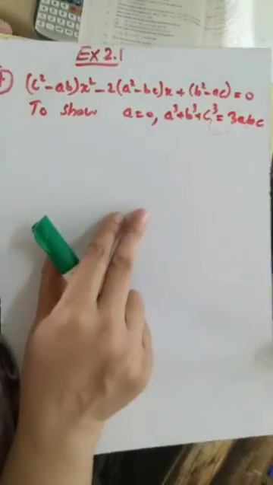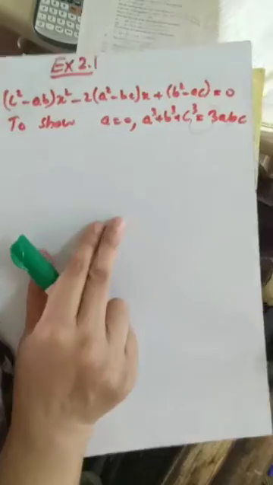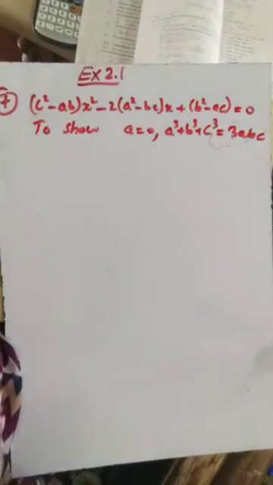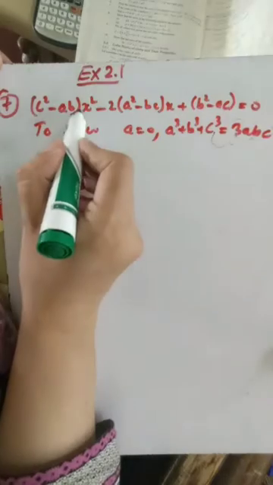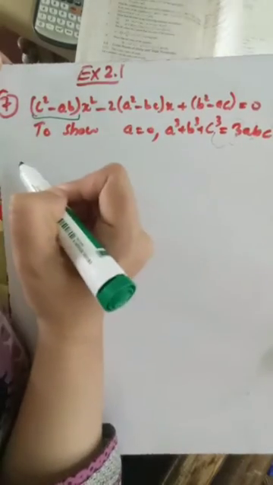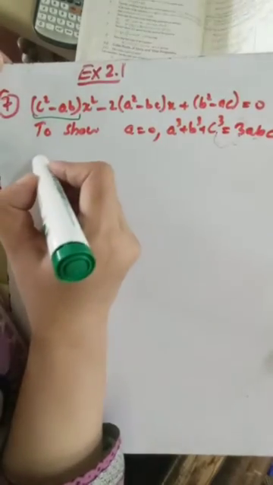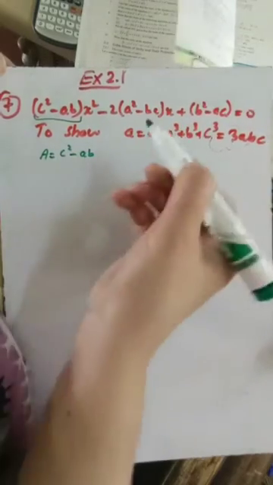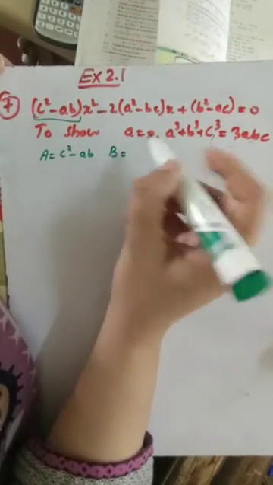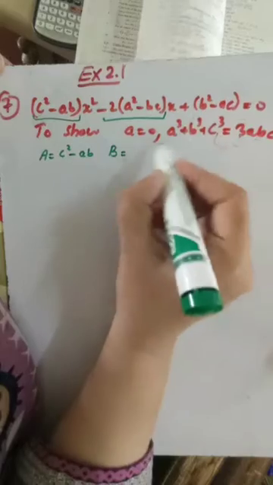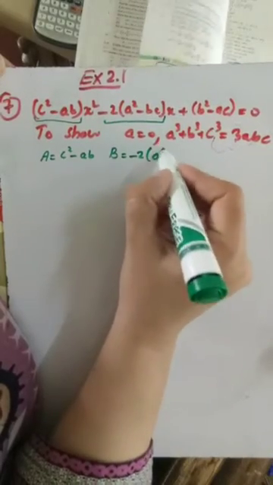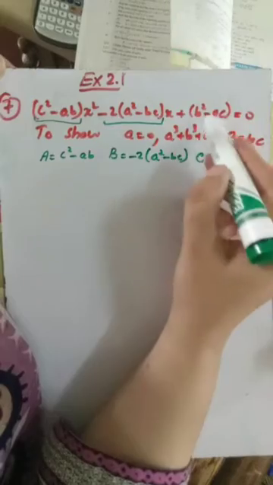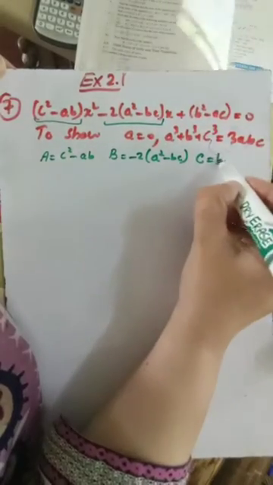Now let us understand the question first. The question is a quadratic expression because x square has the coefficient c square minus ab. So over here a is equal to c square minus ab. b will be the coefficient of x, which is this whole thing, 2a square minus bc, and the constant term is b square minus ac.